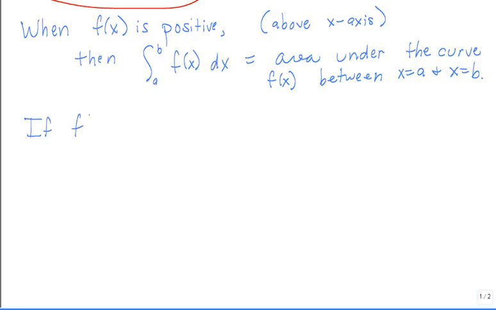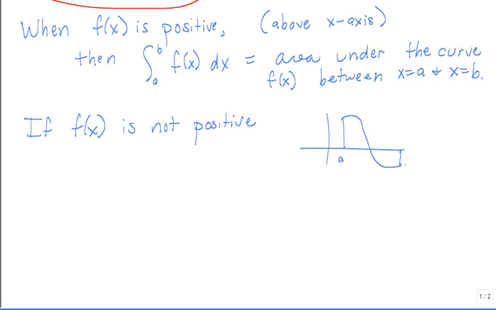If f of x is not positive, so suppose it kind of goes like this, then the integral from a to b of f of x dx, you can split it up, say that c is going to be there, equal to the integral from a to c plus the integral from c to b.